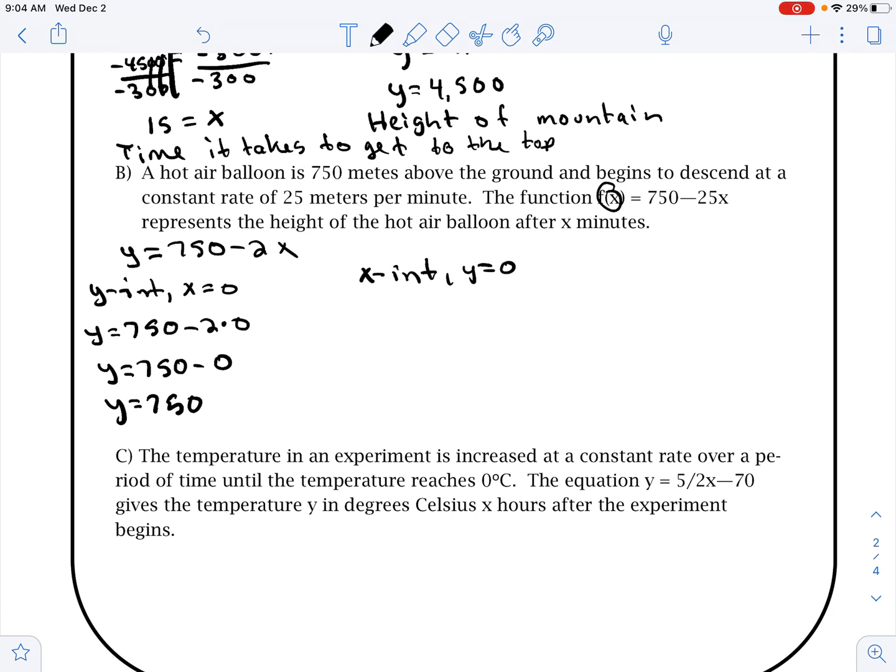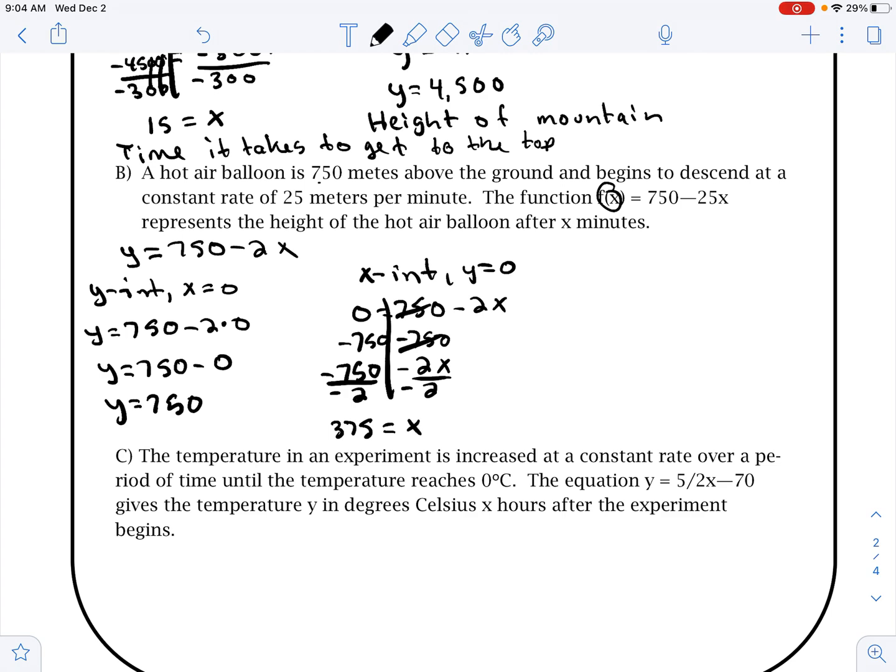I'm going to make y equal 0. So y equals 0, so 750 minus 2x. And then I solve for x to get x by itself. So those cancel. Negative 2x. Divide by negative 2. Divide by negative 2. And I get 375.